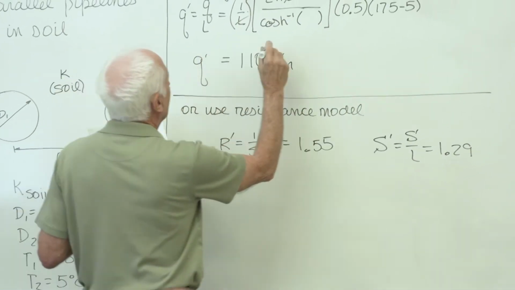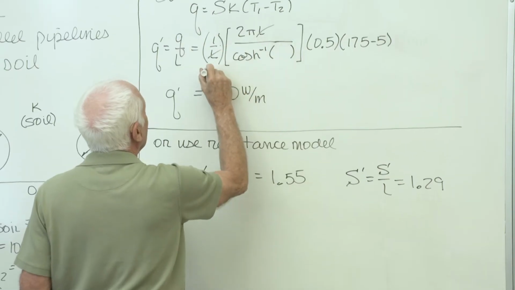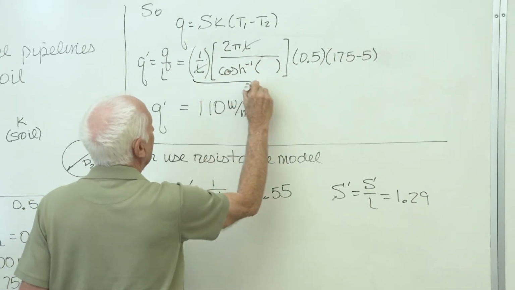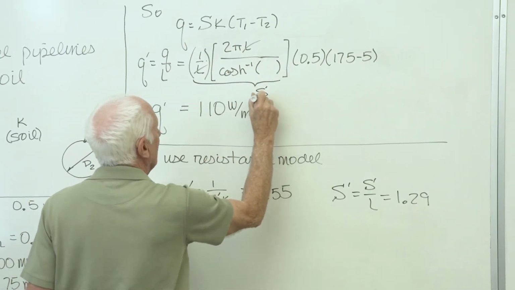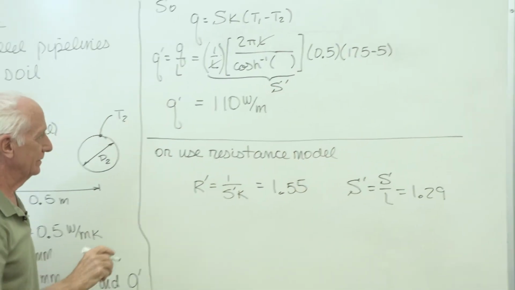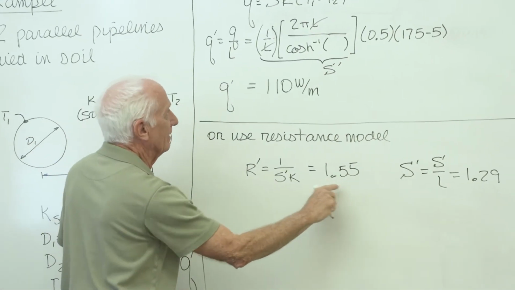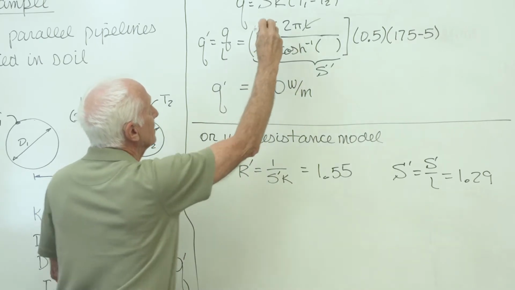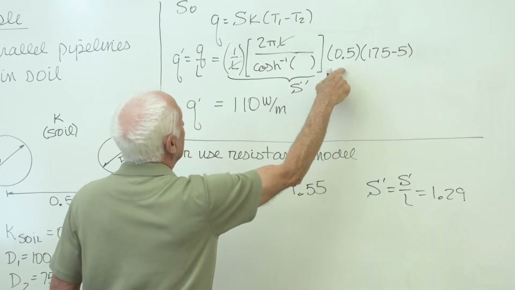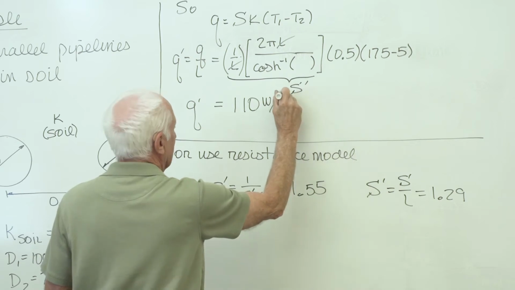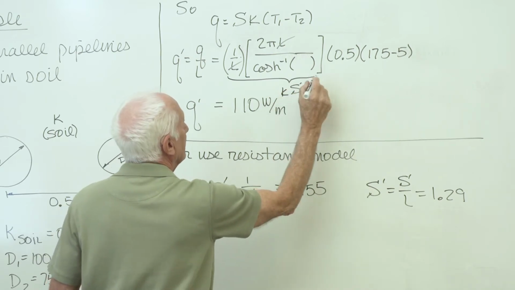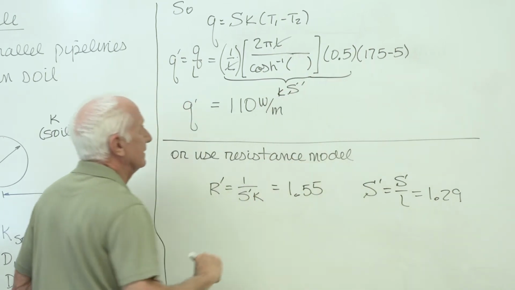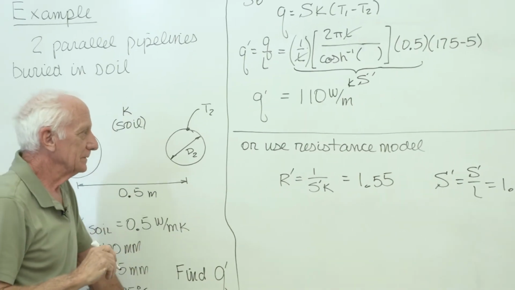So this guy right here is S prime, just so you know what it is. 1.55, okay? It's got the K in it from there. The K is lumped in there too. So there's a K, S prime. There it is right there, okay.